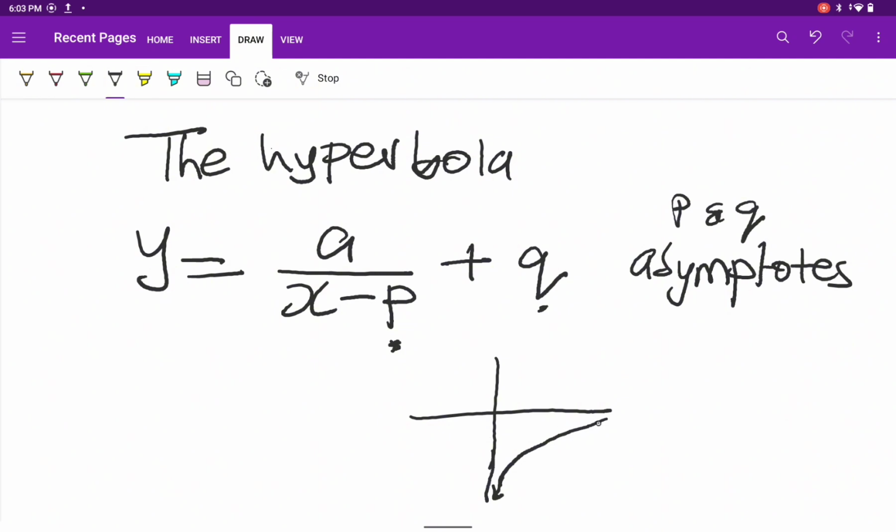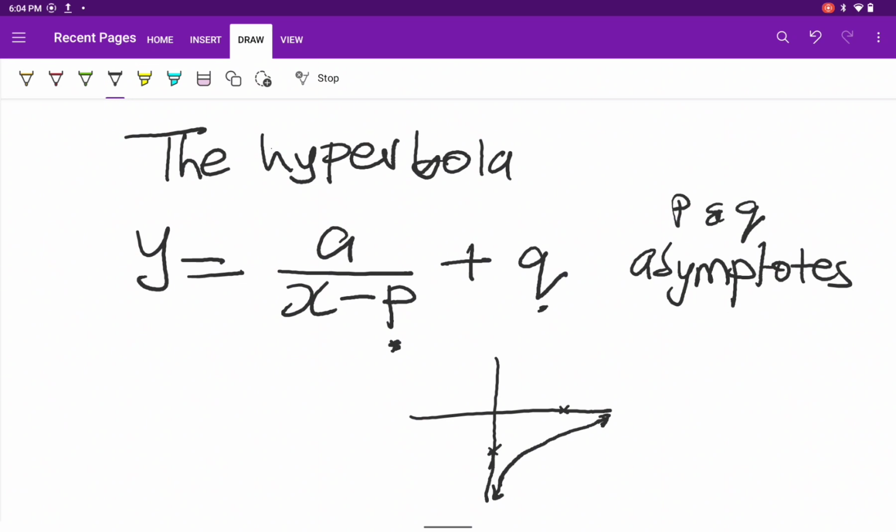As long as it goes closer and closer and never touches it, we call this line an asymptote. So this is an asymptote. It's a horizontal asymptote, this one, and this is a vertical asymptote. So the p and the q represent those asymptotes, right?